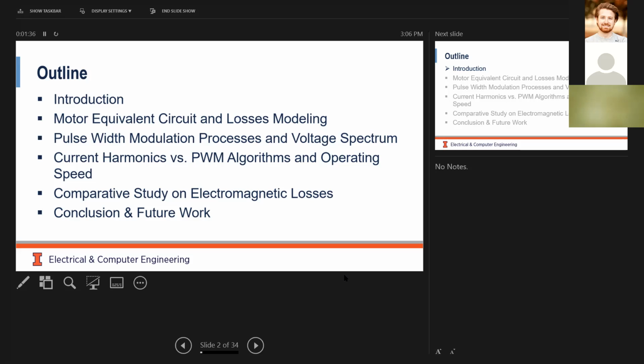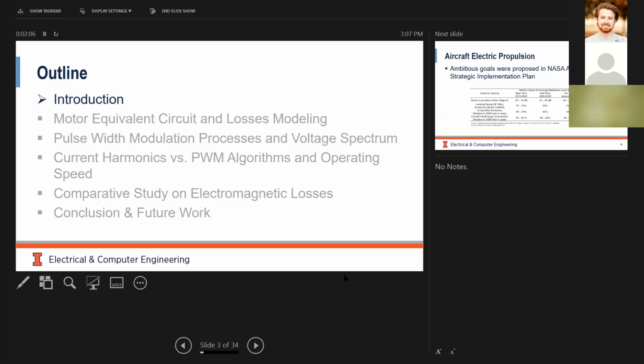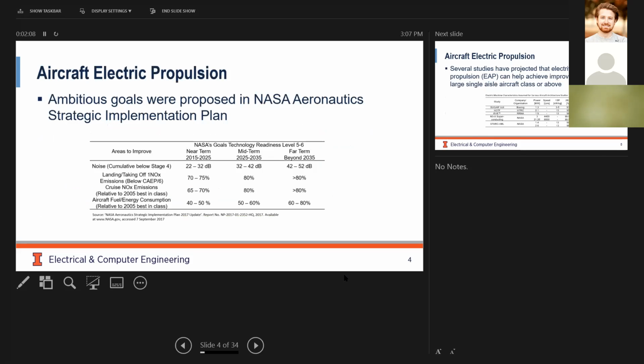Then I will combine these motor models and inverter models to predict the current harmonics. And then we will evaluate the electromagnetic losses using the modeling tools and different algorithms, which I will talk about very soon.